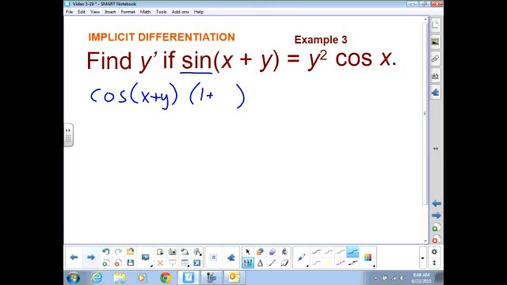Derivative of y is 1 times y prime. On the right-hand side, we've got a product rule. So we'll do regular y squared times the derivative of cos x, which is negative sine x, plus derivative of y squared, which would be 2y times y prime, times regular cos x.